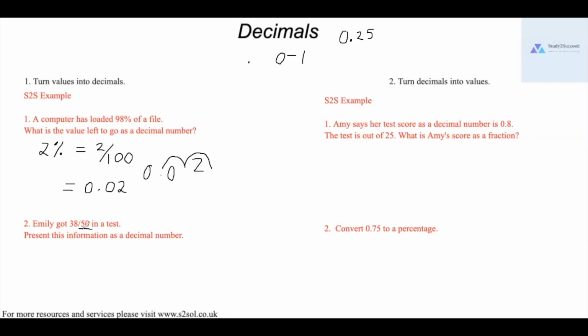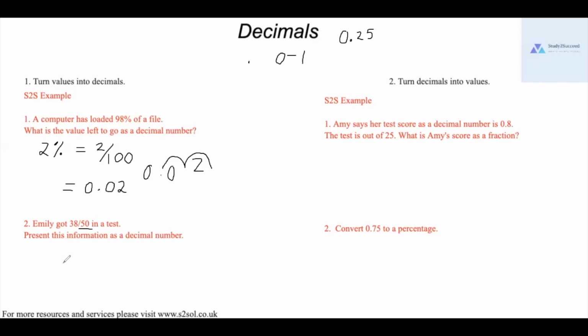So the tip is, if we can turn our fraction into a fraction that is over 100, then our answer will be the numerator divided by 100, which is much easier to calculate than a number divided by 50. So what we're going to do is find our equivalent fraction of 38 over 50 as a fraction over 100.